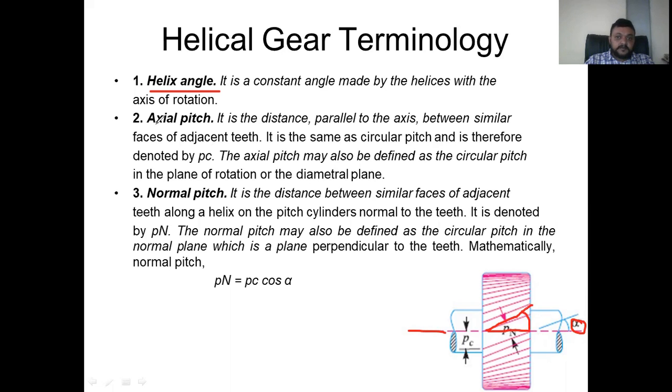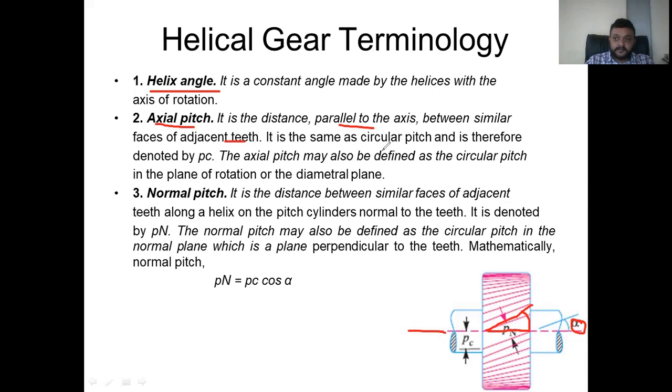Axial pitch. As we already discussed, the circular pitch Pc is equal to pi m, and the diametral pitch Pd is equal to T by D, the reciprocal of the circular pitch. But in this case you have to keep in mind one more parameter, the axial pitch. Axial pitch is the distance parallel to the axis between similar faces of adjacent teeth.